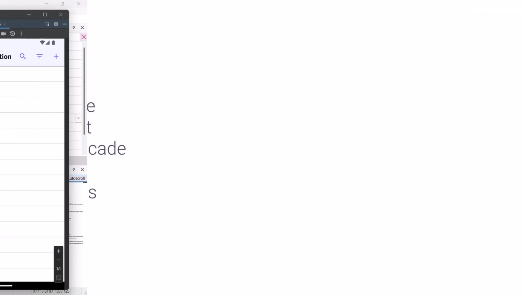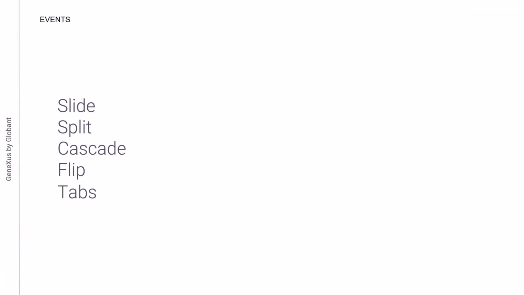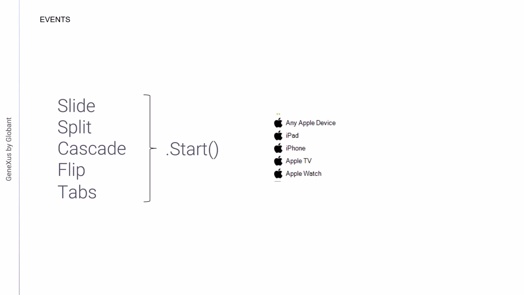There are certain events that can be programmed at the main object level, which in our case is a menu object. The available events are the ones shown here: slide, split, cascade, flip, and tabs.start. In this way, we can have a start event associated with each navigation style.